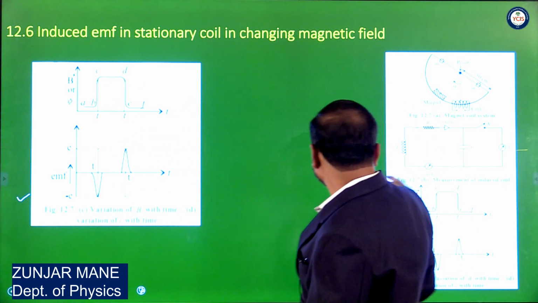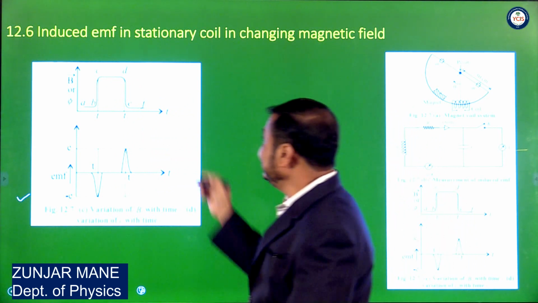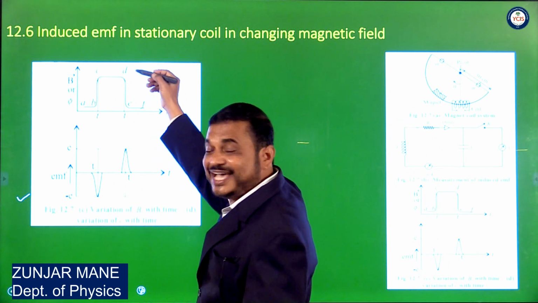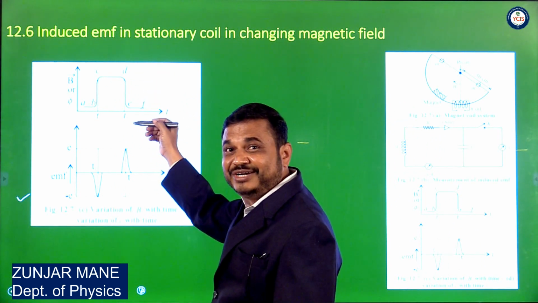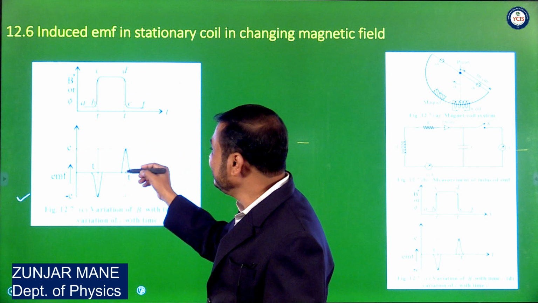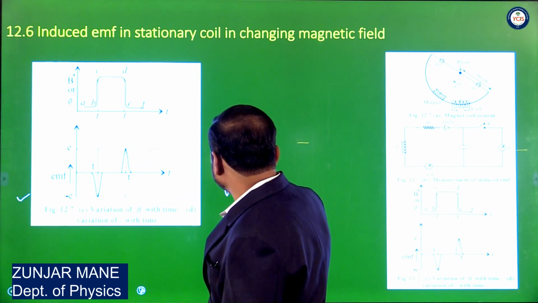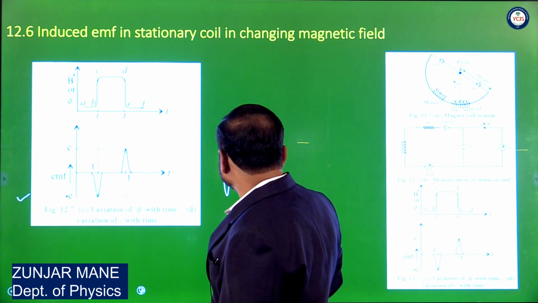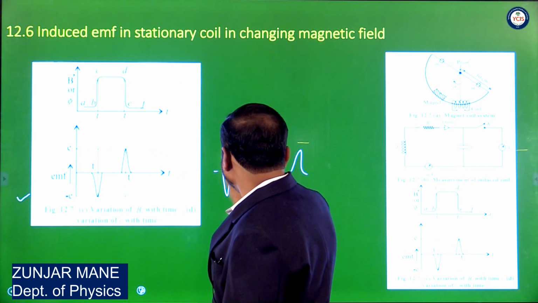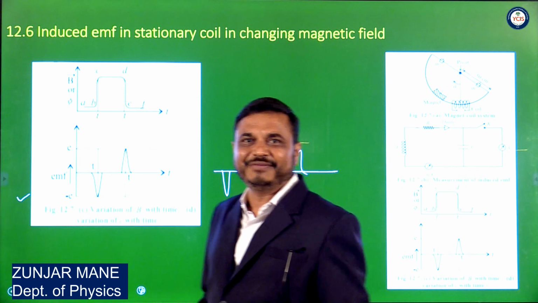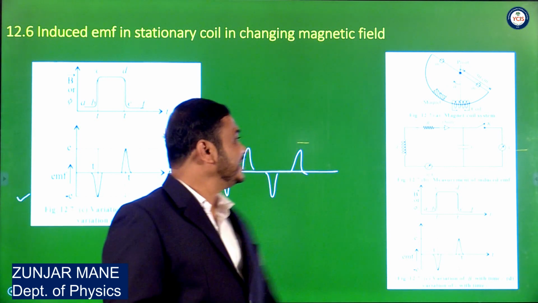But when the magnet leaves the coil, then again it decreases. As magnetic flux decreases, according to Lenz's law, this will be a positive spike. So in this way we get a negative and positive spike, and this process goes on repeating, and we get an induced EMF in that circuit.